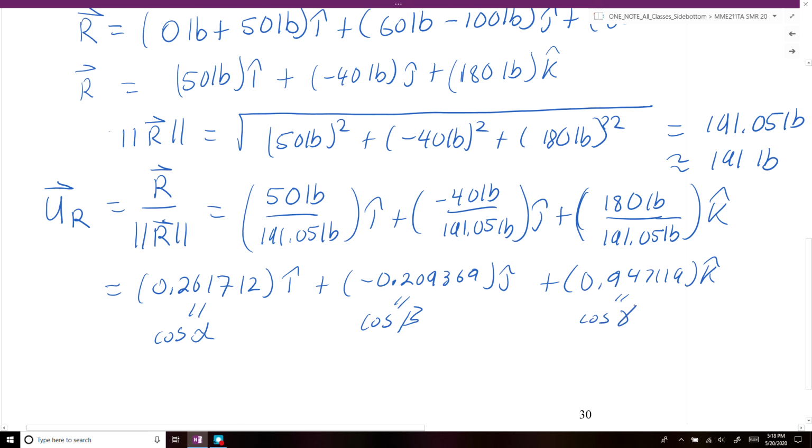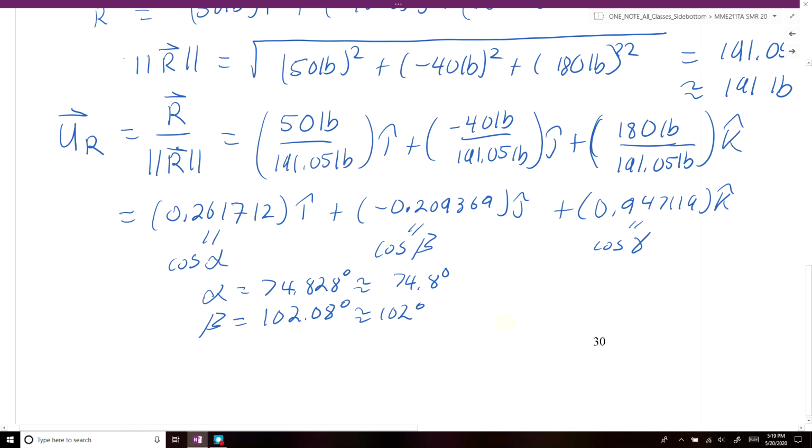So if we take the inverse cosine of the x component of our unit vector, for alpha we end up getting 74.828 degrees, which is approximately 74.8 degrees. If we take the inverse cosine of the y component of our unit vector, we end up getting 102.08 degrees, which is approximately 102 degrees.